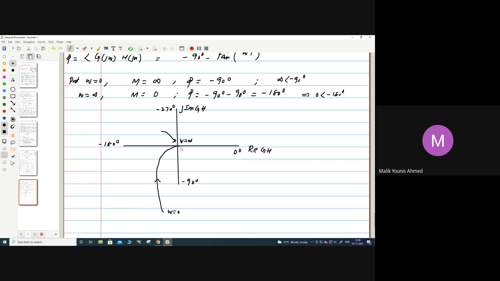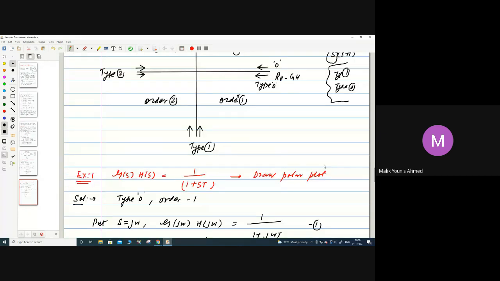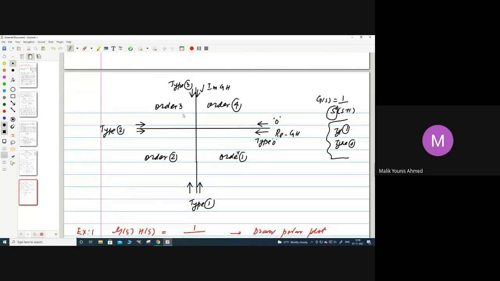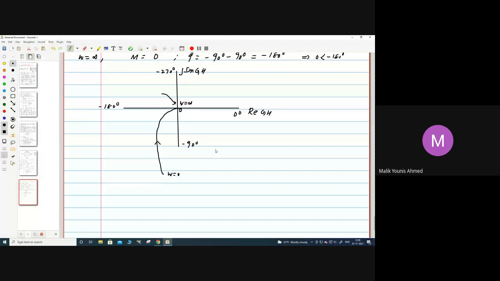Its magnitude is 0. This is the origin, and then it is exiting at minus 180 degrees, that is in the second quadrant also. So you can see from this graph also: type 1 will start from here, and if it is order 2, it will exit here. If it is order 3, it will exit here. So that will depend on these things. So this is again the graph for this one.